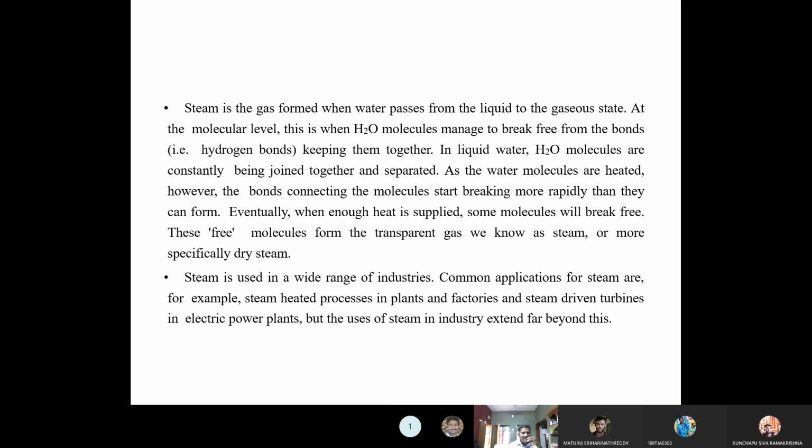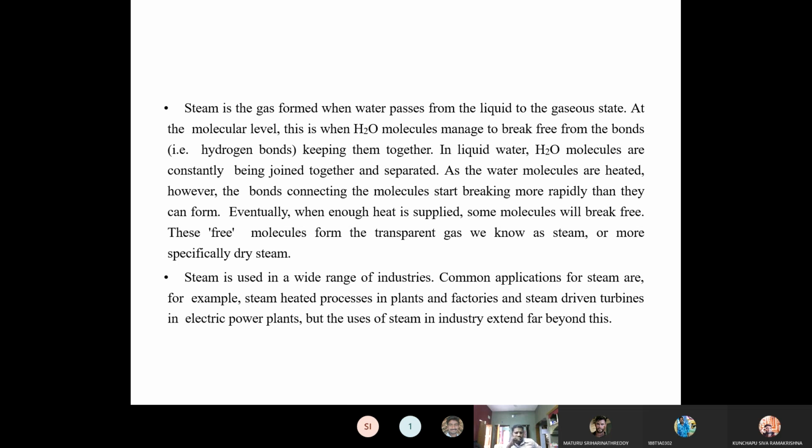Are you seeing the picture? Steam is the gas formed when water passes from the liquid to the gaseous state. At the molecular level, H2O molecules manage to break free from the bonds keeping them together in liquid water. H2O molecules are constantly being joined together and separated.